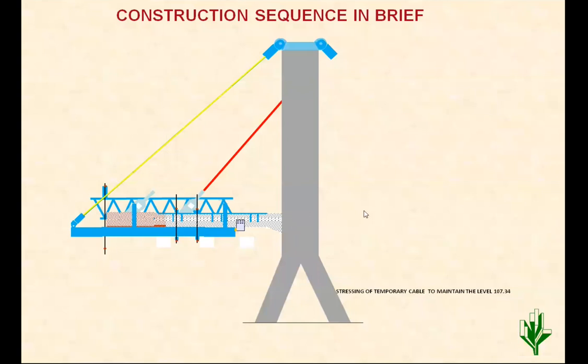So there are two such sets, and one is on the 88 meter side, one is on the 112 meter side. So there is no hindrance to the rail traffic. Only during the movement of this cantilever formwork, there was a requirement of a railway block. Otherwise, the construction goes without hindering the rail traffic.